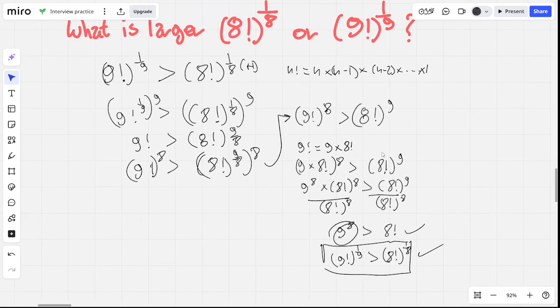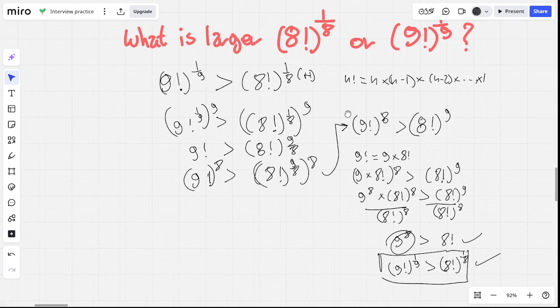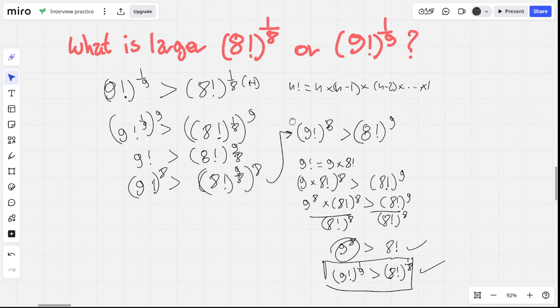And I think one of the strategies that's always advised is to assume one is larger than the other and then manipulate both sides, like I did here, raising both sides to the same power so you can cancel out the square roots. And if you reach a contradiction, you know your original statement is wrong. If you don't reach a contradiction, you know that whatever you assume to be correct is true. And therefore, this is how you would approach a question like this.